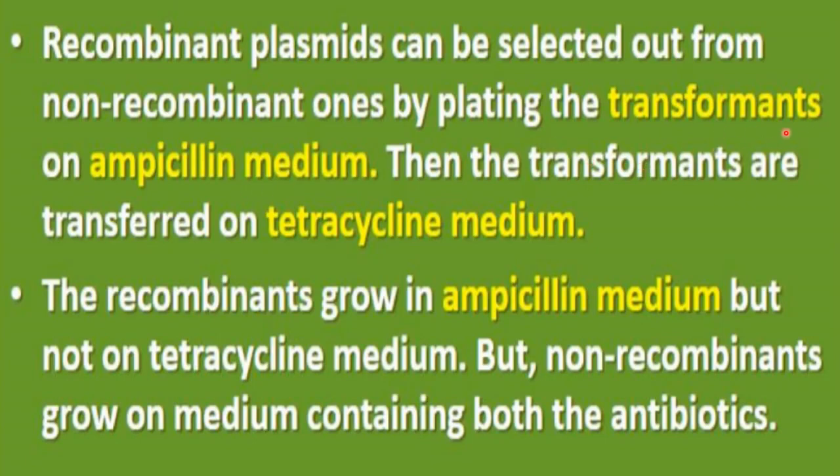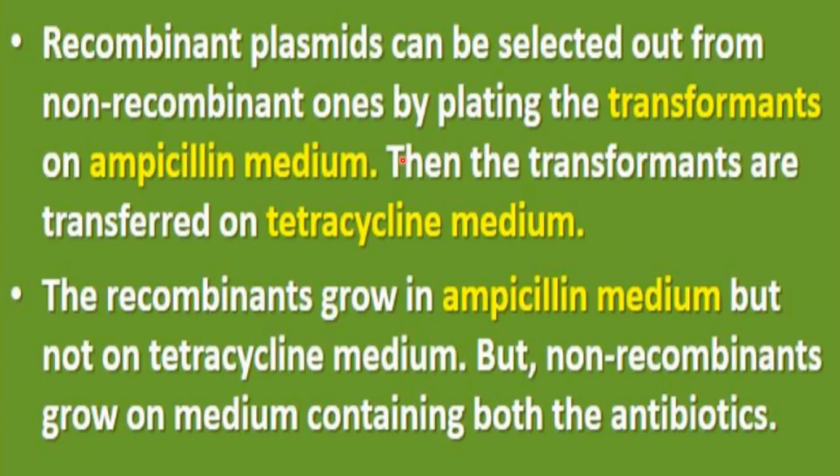The transformants are those E. coli cells in which the plasmid has been introduced. Now we don't know whether these are transformants having non-recombinant plasmid or recombinant plasmid. We need to select those, by growing these transformants on ampicillin medium.